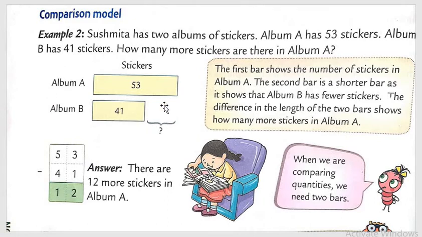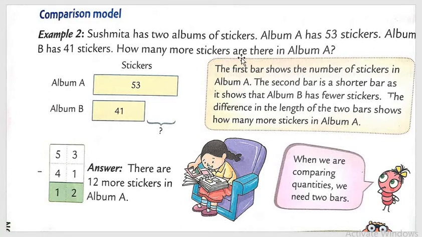Write album A, 53 stickers, and album B, 41 stickers, shown as fewer stickers.